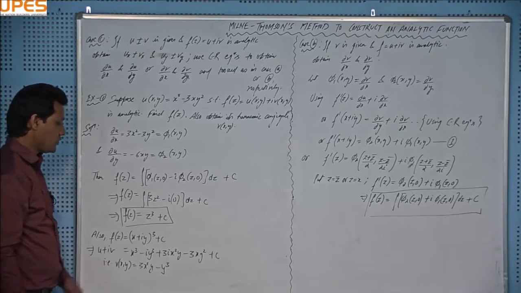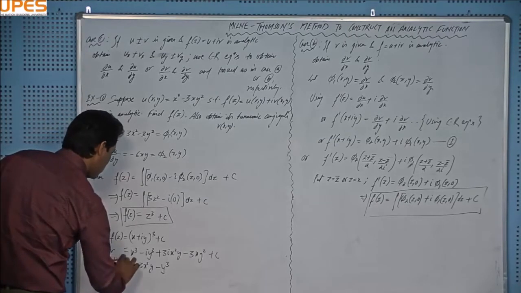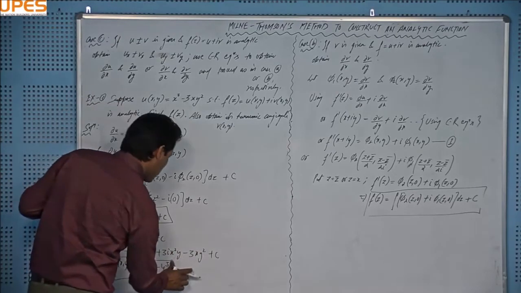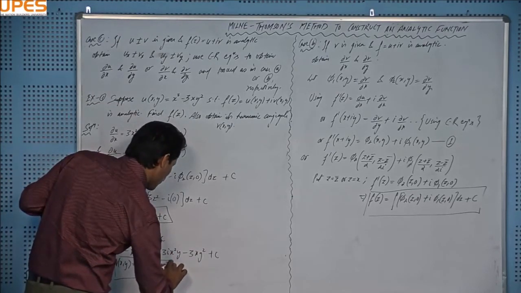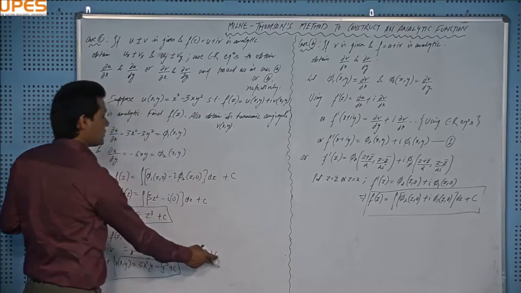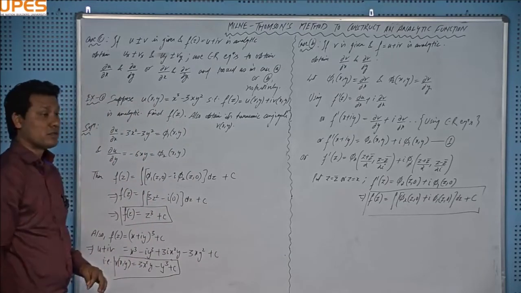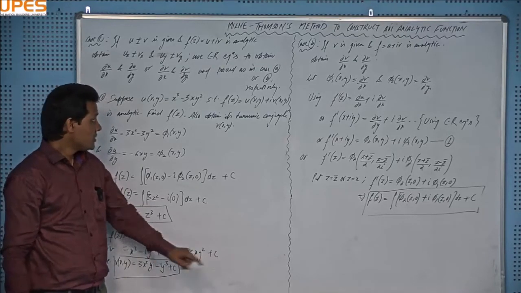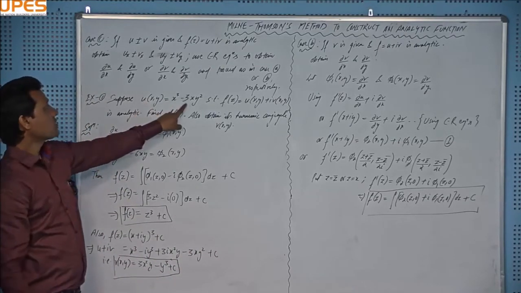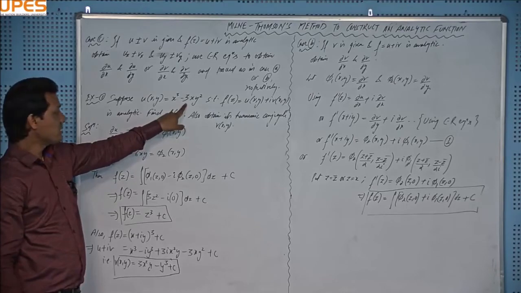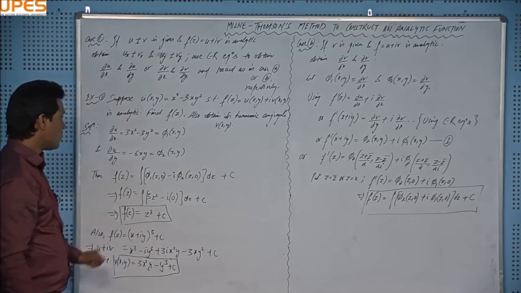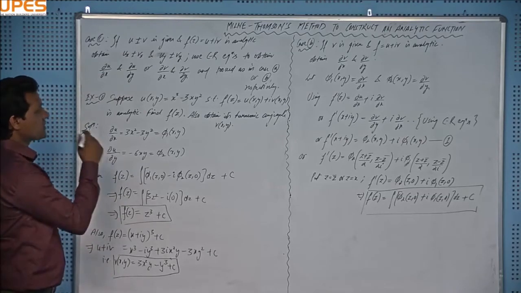So this is your v, right? And you can also add c here, because c is either present in the real part or imaginary part, because this can be c or iota c, right? We don't know. So since the real part is not containing c, it means that the imaginary part will contain c, right? So this is a V. Okay, so this is an example for case number A.